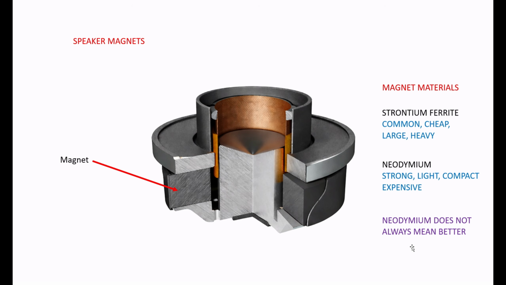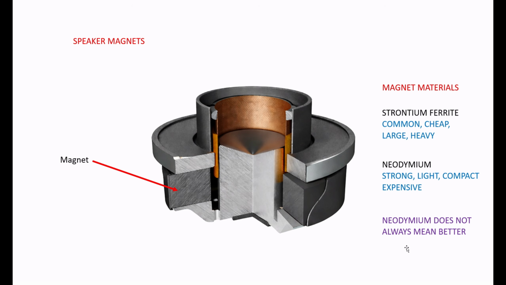So a neo magnet does not automatically mean that the motor is stronger. It depends very much on the whole drive motor design, so don't be fooled by the fact that it's got a neo magnet or that you've got super big magnets on there. Speakers with big magnets do not automatically mean that they're going to have big output, right?